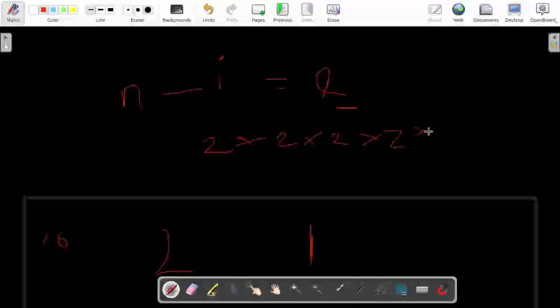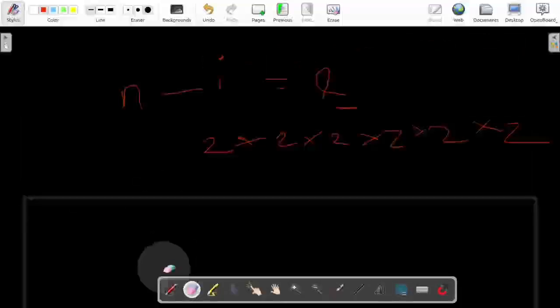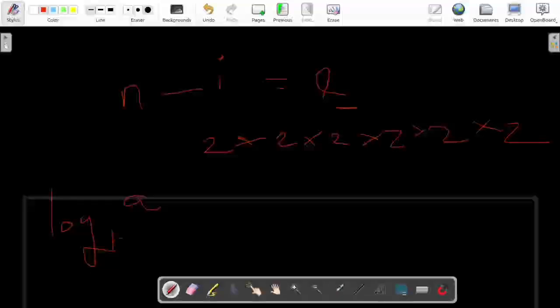Some powers of 2 are used to construct this particular length segment. In school, we have learned a simple formula that for any number we have log. What log tells us is how many powers of b are required to reach a.